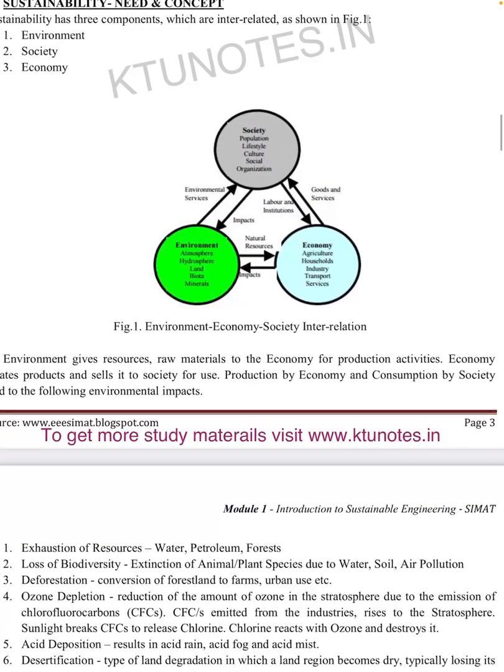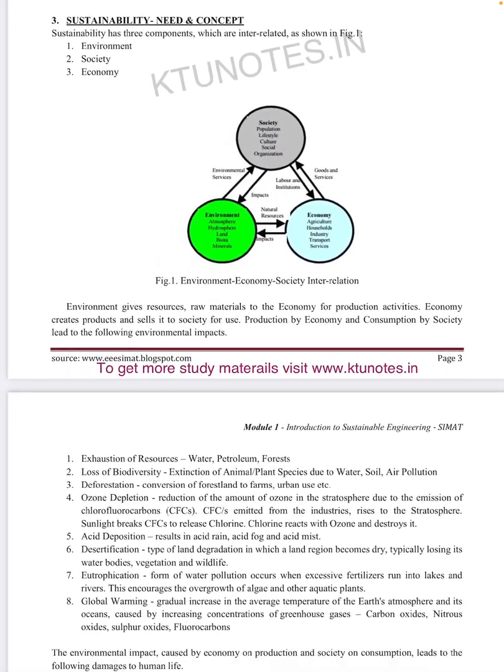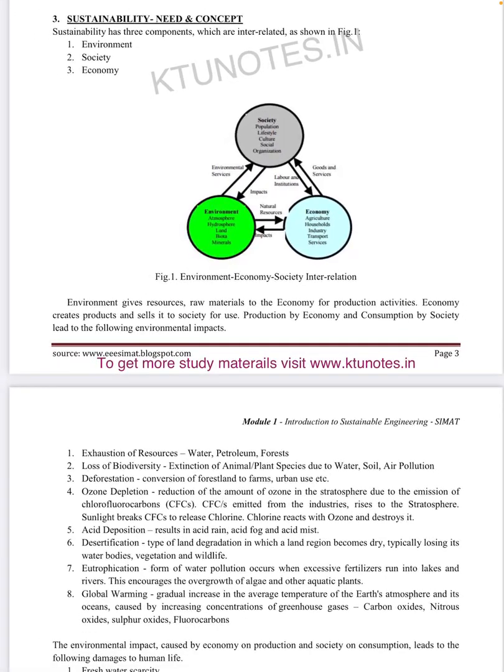The diagram shows that environmental, economic and social sustainability are interdependent, and by connecting these three principles, we attain the common point of sustainability.